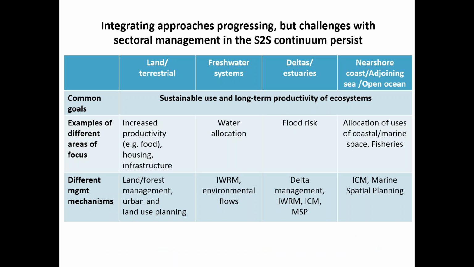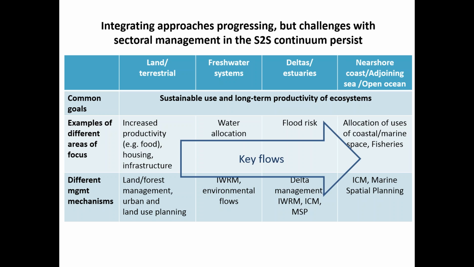And even if there's been a lot of progress when it comes to integrated management over the past decades, it's challenging to consider how activities affect the flows that connect a larger system and to set objectives in one segment that are balanced against potential downstream impacts.